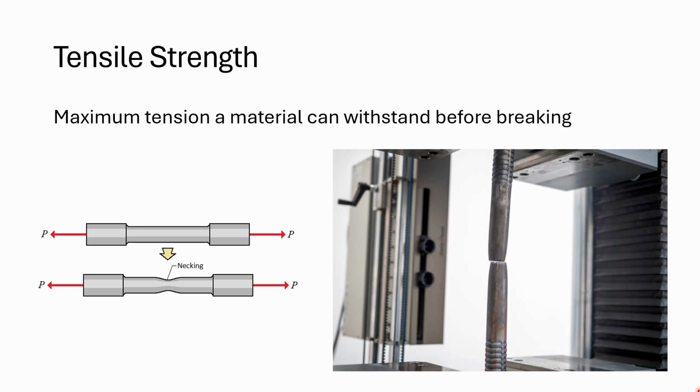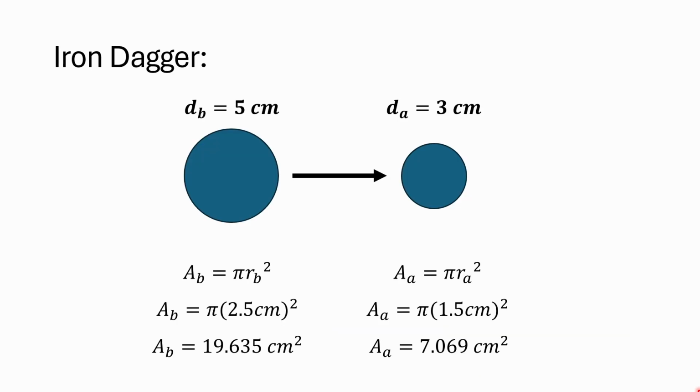So now let's move on to the iron dagger. We can see here that the iron dagger is assumed to be just a cylinder, and we are stretching it from an initial diameter of 5 centimeters to a diameter after the elongation of 3 centimeters.